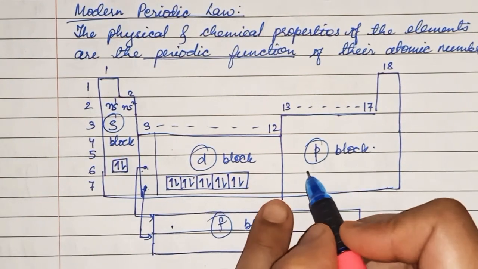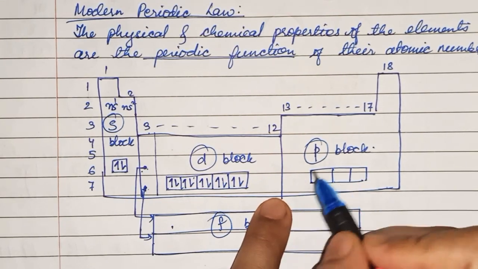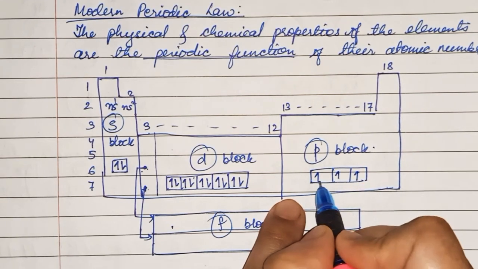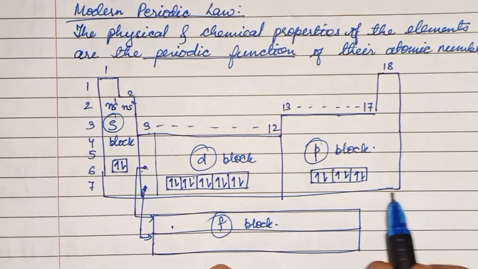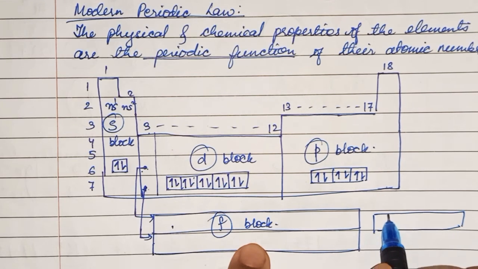Now for the p block, 6 boxes are there. 12 is here, then 13, 14, 15, 16, 17, 18. It is like that. And in the f block, there are 7 boxes over here, 1, 2, 3, 4, 5, 6, 7.